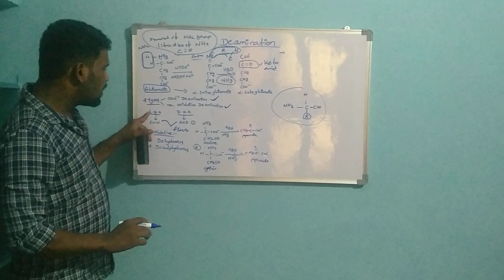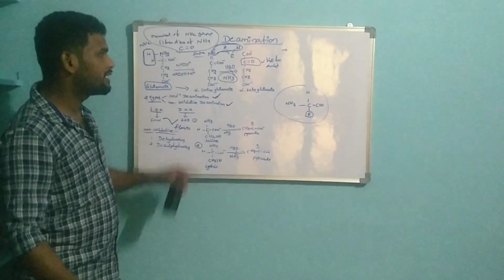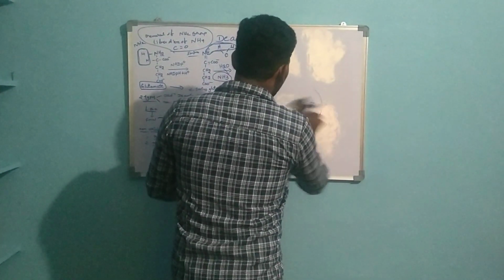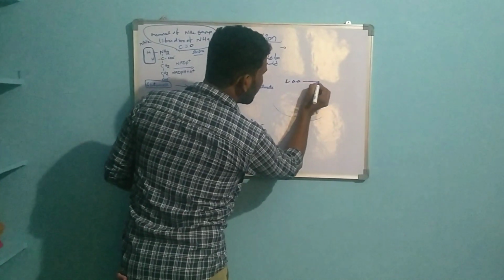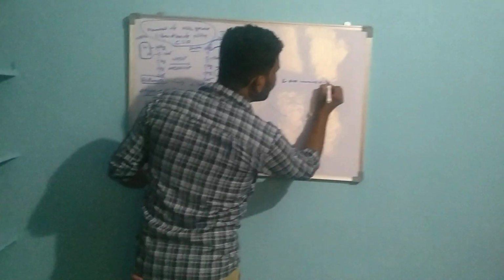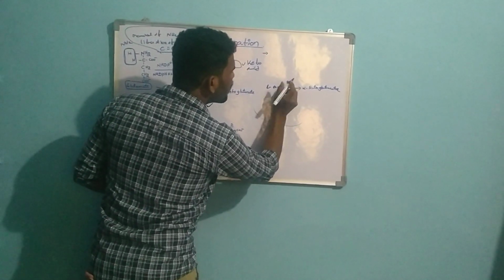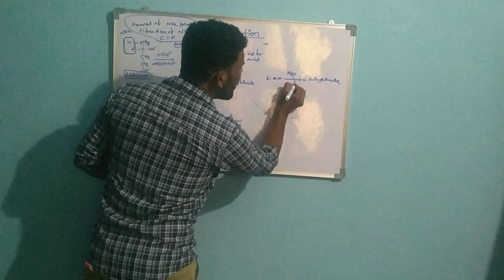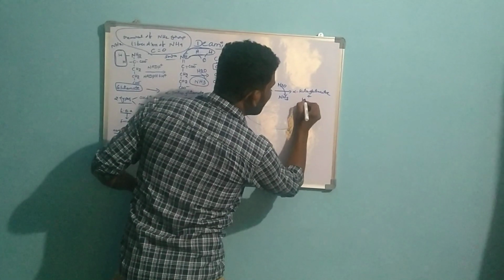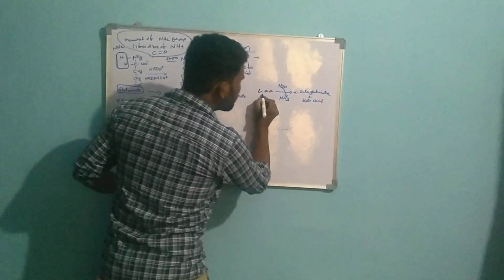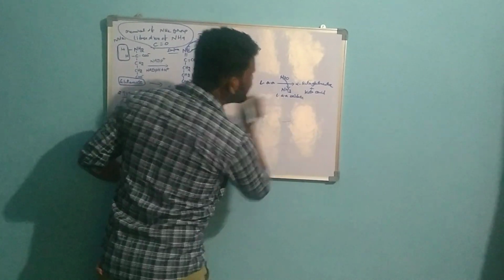Now, how are they converted? The levoamino acid gets converted into a keto acid and the dextroamino acid gets converted into a keto acid. First of all, the levoamino acid gets converted into alpha ketoglutarate by adding a water molecule and liberating ammonia to form a keto acid, in the presence of the enzyme levoamino acid oxidase.